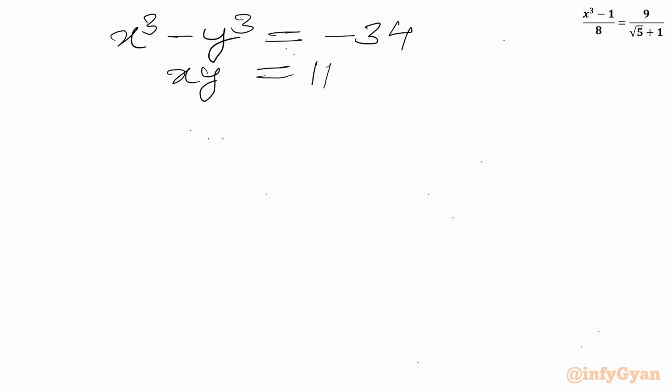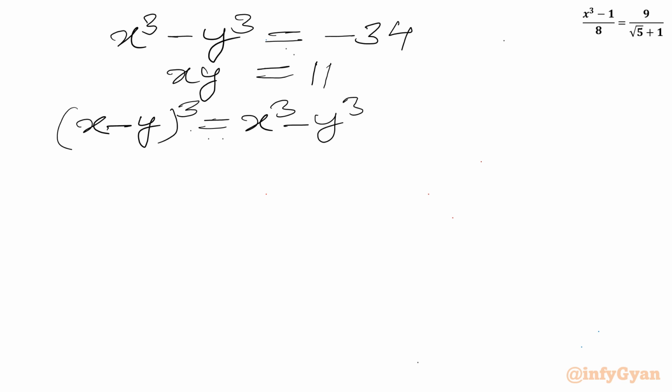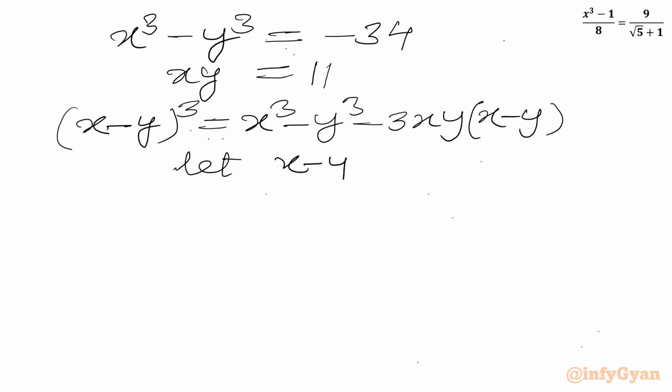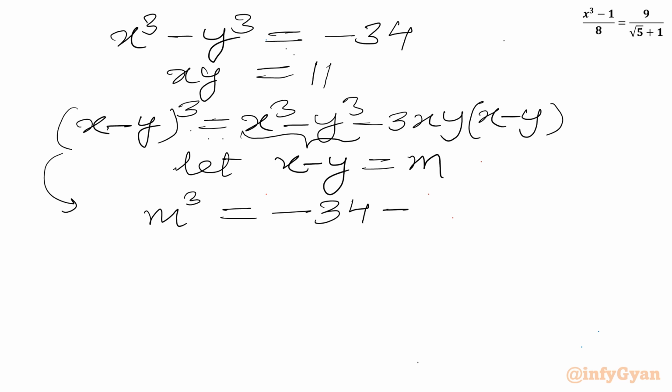Now I can use one algebraic formula: x minus y whole cube equal to x cube minus y cube minus 3xy times x minus y. And let us assume x minus y equal to m. So I can write here m cube equal to x cube minus y cube, which is negative 34, minus 3 times xy, which is 11, and x minus y is m.